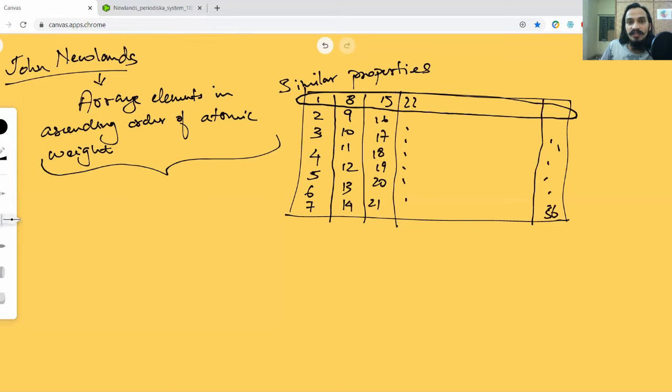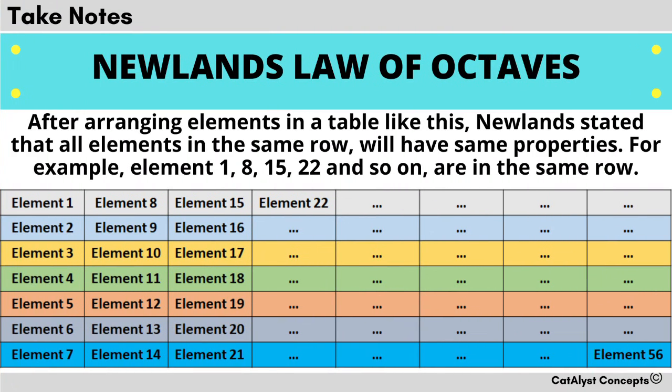Similarly, if I see 3, if I go 7 spaces ahead from 3, 4, 5, 6, 7, 8, 9, 10. So according to him, every horizontal row will have elements that have the same properties as each other. So element 1, 8, 15, 22, 29, all of this up to I think 49 should be here. All of these elements together will have the same properties is what he said.